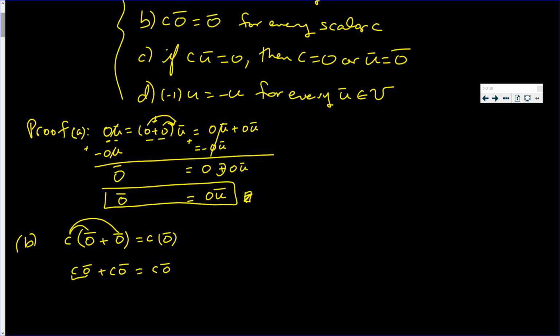But these are all vectors in vector space V. So I can add on the inverse on both sides. This becomes 0 plus c0, which is just c0. The right-hand side is the 0 vector. So any scalar times the 0 vector gives me back the 0 vector.